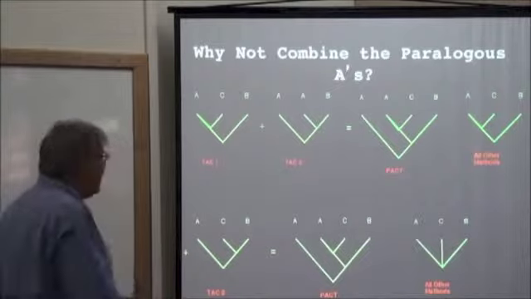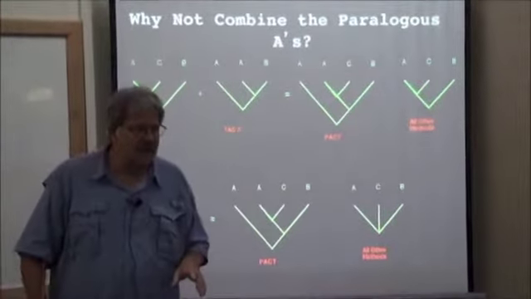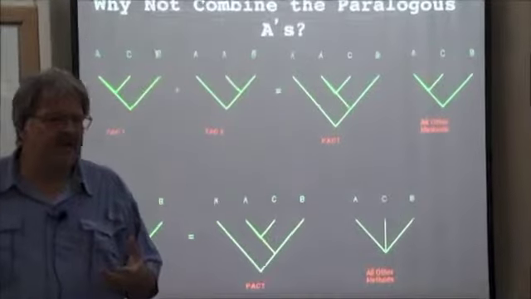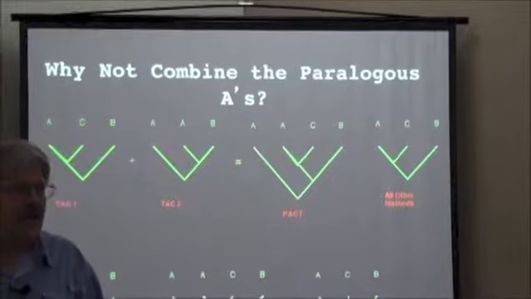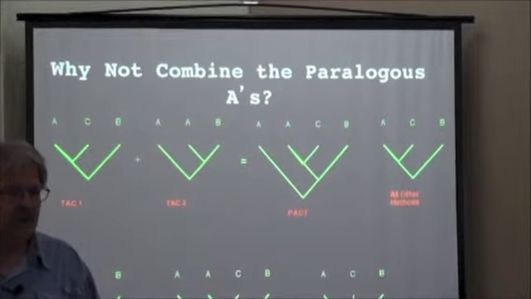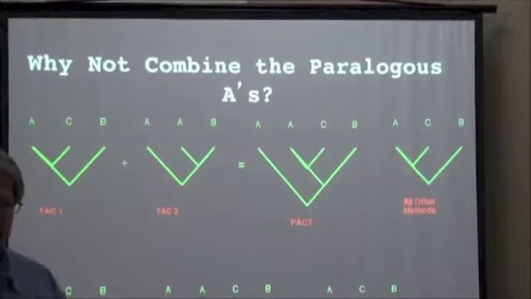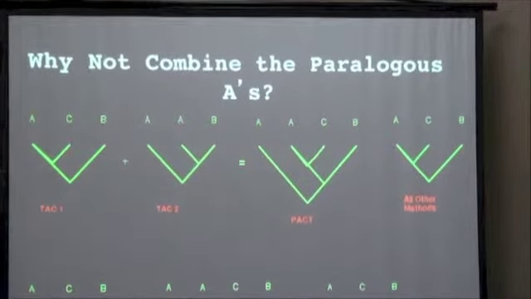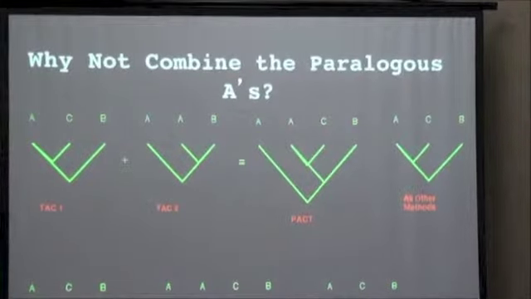Now, in addition to that, there is one set of circumstances in which combining paralogous entities in trees and then combining the trees will actually obscure information. It will actually make it appear that there is no information when there really is some. In this particular case, here are two trees.